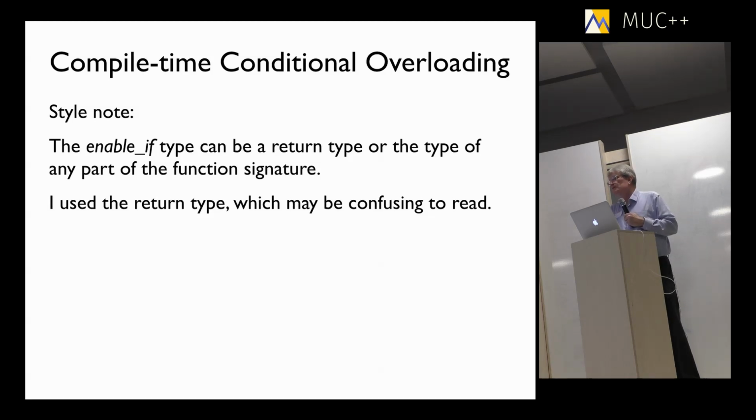It may not be the most important thing about the function. Maybe you want to know what the function does and then find out, oh, but it can be disabled, so it's got enable_if in it. We can put the enable_if on any type in the signature. We can put it on the return type, or we can put it on the type of any parameter. You can't put it in the body, because that's too late. It has to be in the signature, right? Because it's the signature that the compiler uses to figure out if the candidate should be called or not.